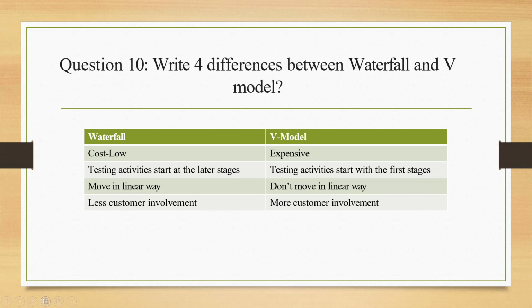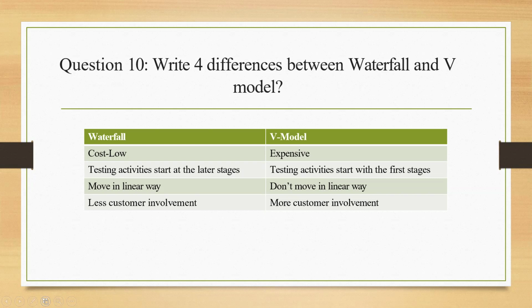In the waterfall model, the testing activities are performed in the later stages, which is in the end, whereas in the V model, testing activities start from the first stage itself. In parallel, we will be developing and testing at the same time.